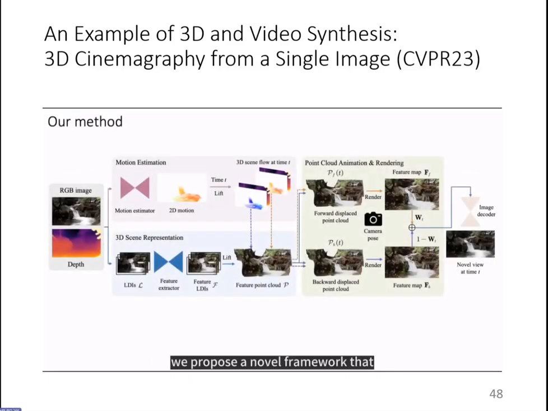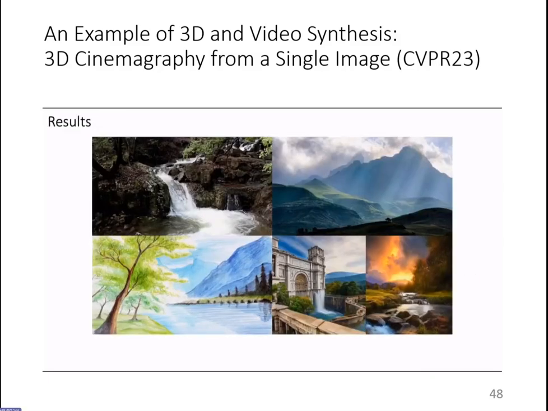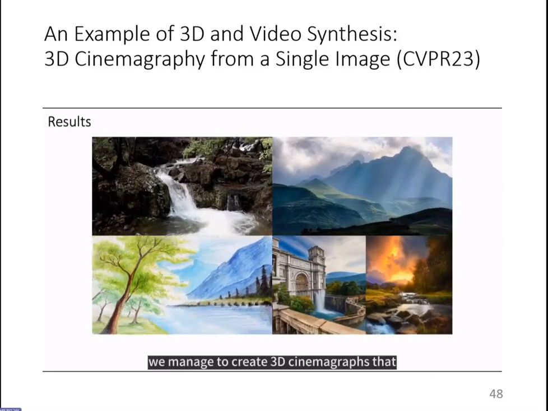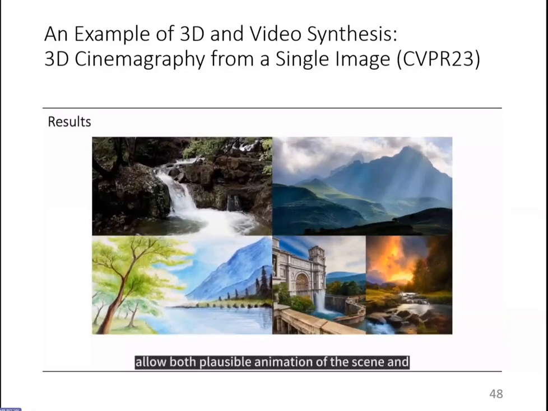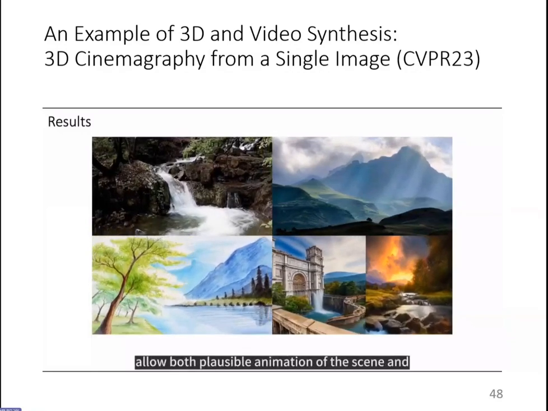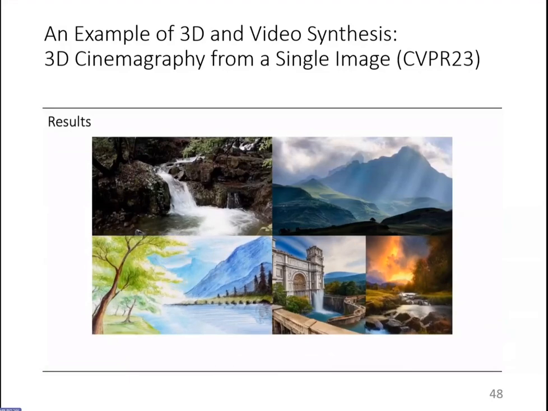To this end, we propose a novel framework that jointly learns to solve the task of image animation and novel view synthesis in 3D space. Our framework comprises a motion estimation module, a 3D scene representation module, and a point cloud animation and rendering module. With our method, we managed to create 3D cinemagraphs that allow both plausible animation of the scene and camera movements.